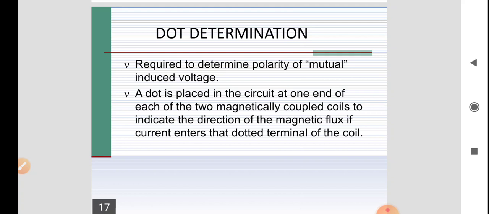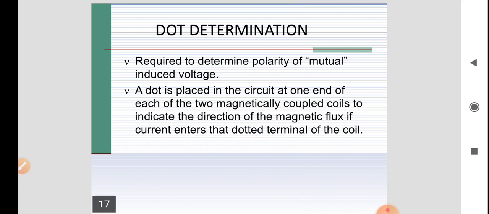Depending upon the direction of the winding, we need to find out the polarity of the mutually induced voltage. As the supplier is not giving clear information about the winding, we will use a concept called dot convention.